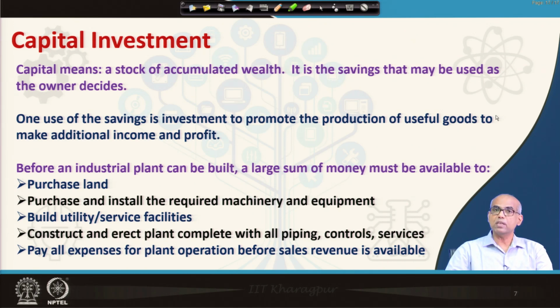Once sales revenue is available, part of this revenue will come back to the company treasury, and this can be used as working capital. We will see more about this later.